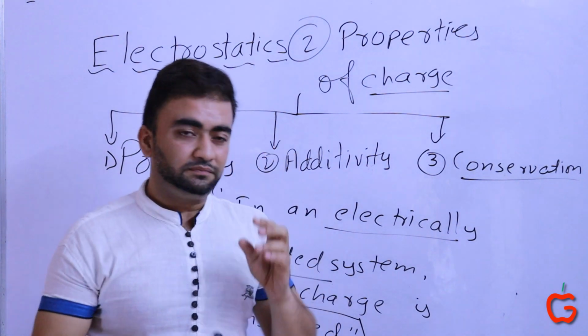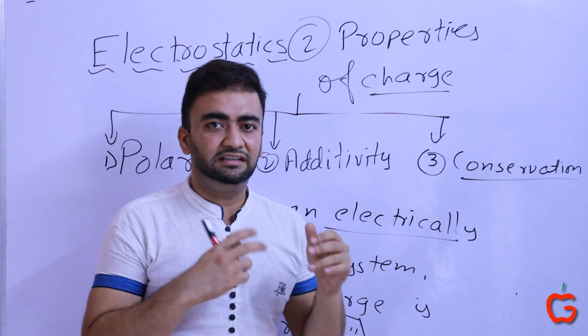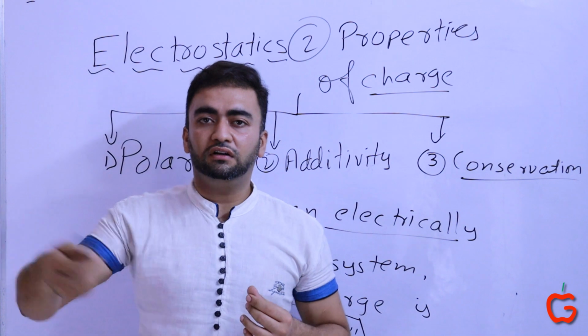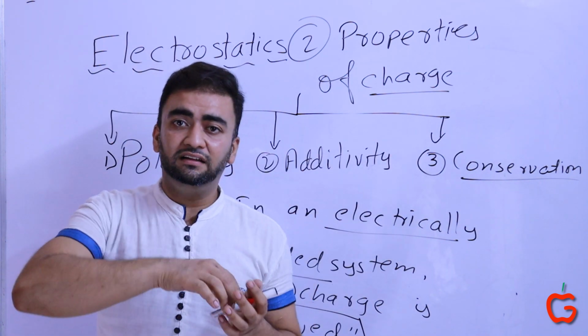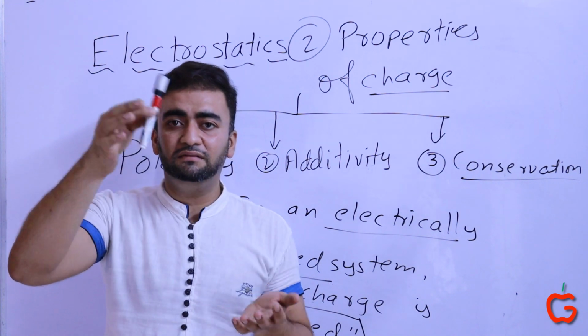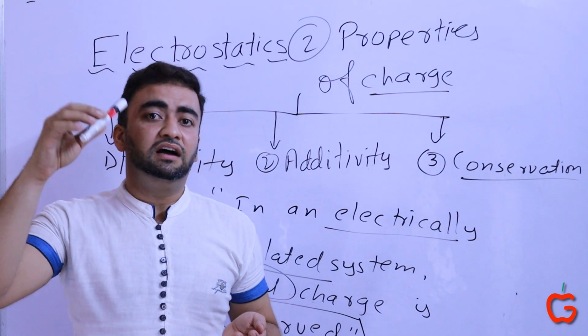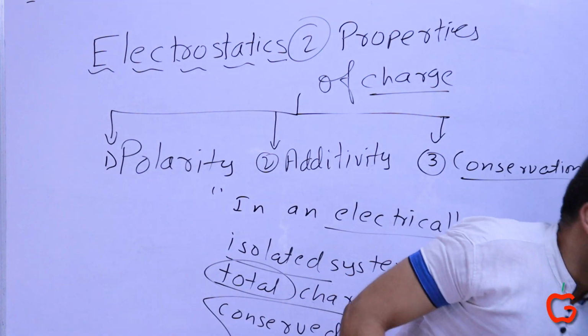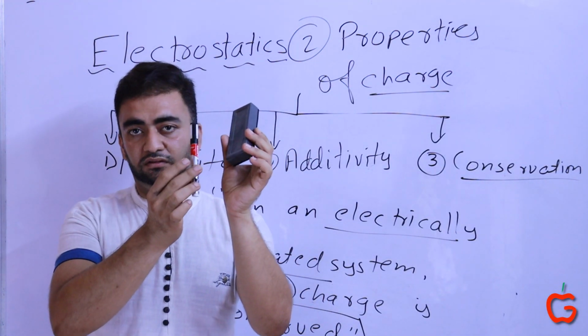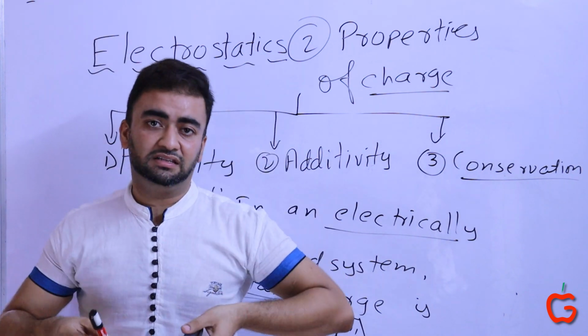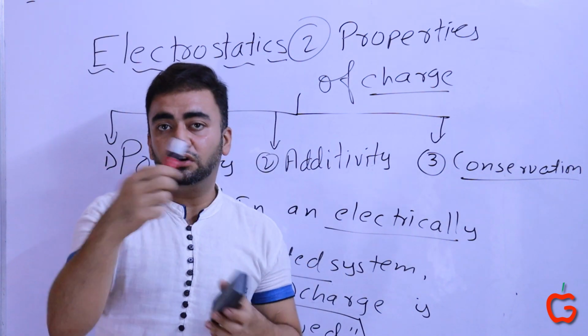Now suppose, let's scrutinize this law. Let's understand this more. Suppose I go for a walk. The system is electrically isolated. I come back and I open the box and I find this 1 coulomb charge which I had put earlier. Along with this, I also find another 1 coulomb charge inside the box. So now I have 2 coulombs of charge in the box.